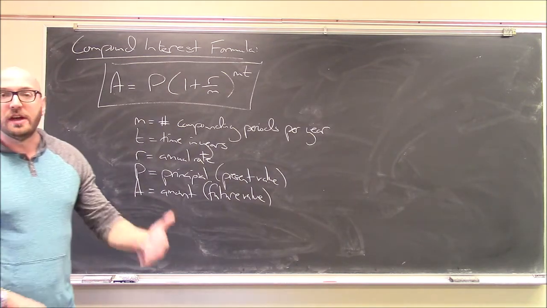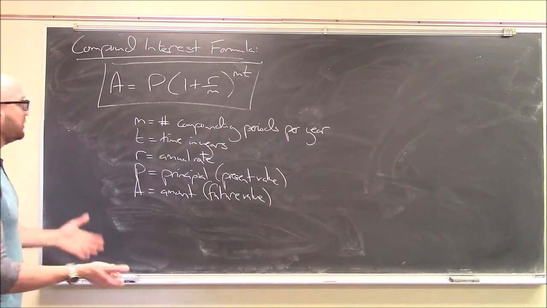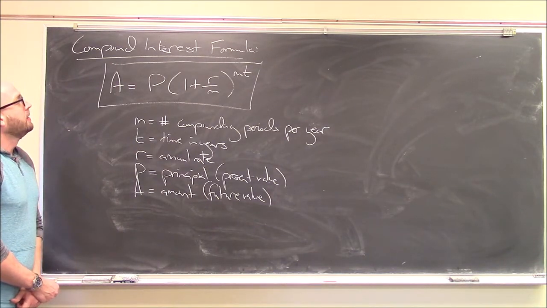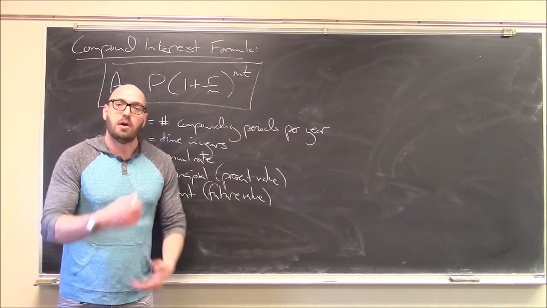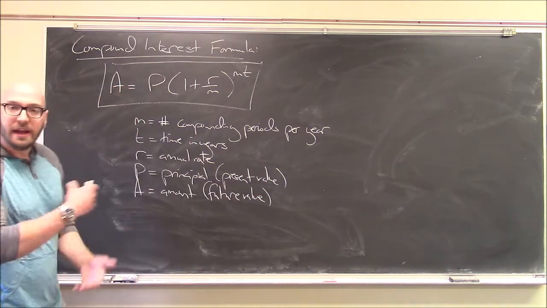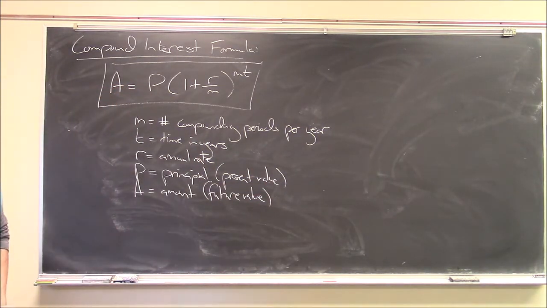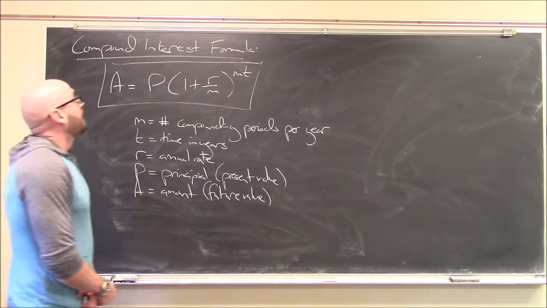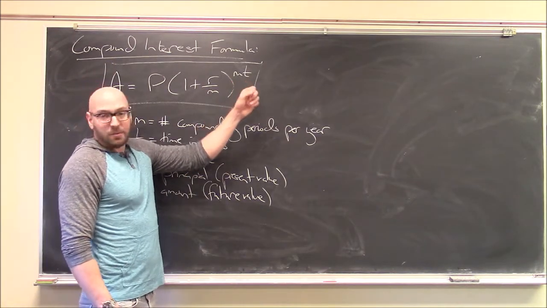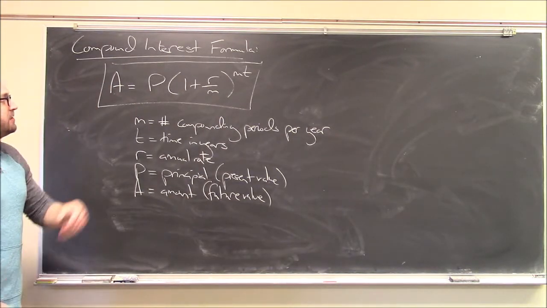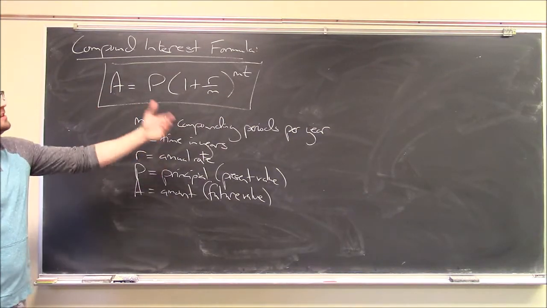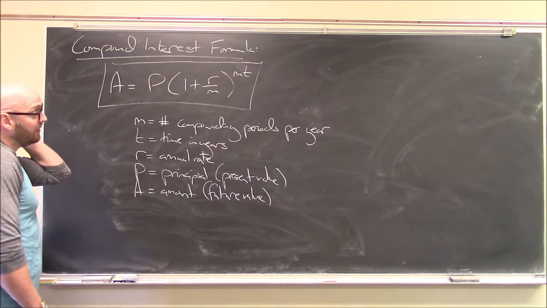Here r is the standard annual rate you're used to working with in decimal, but m is the number of compounding periods per year, how often this account is paying out interest. So m is the number of compounding periods per year, and then, like I promised, this would be an exponential formula to the power of mt. So m is the number of compounding periods per year times t, the time in years.